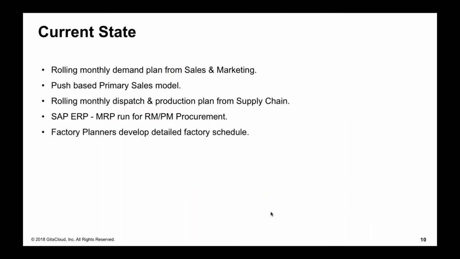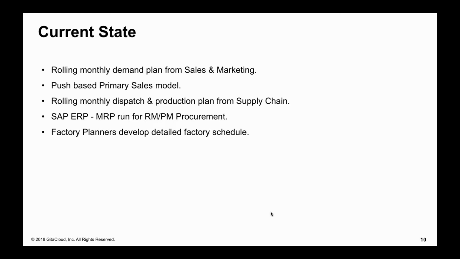So the current state in Dabur International is mainly related to the demand planning and the supply planning, where we have a rolling monthly demand plan from sales and marketing. It's largely a push-based primary sales model. You have a monthly dispatch and production plan from supply chain, which is on a rolling basis, rolling for the next 3 months.